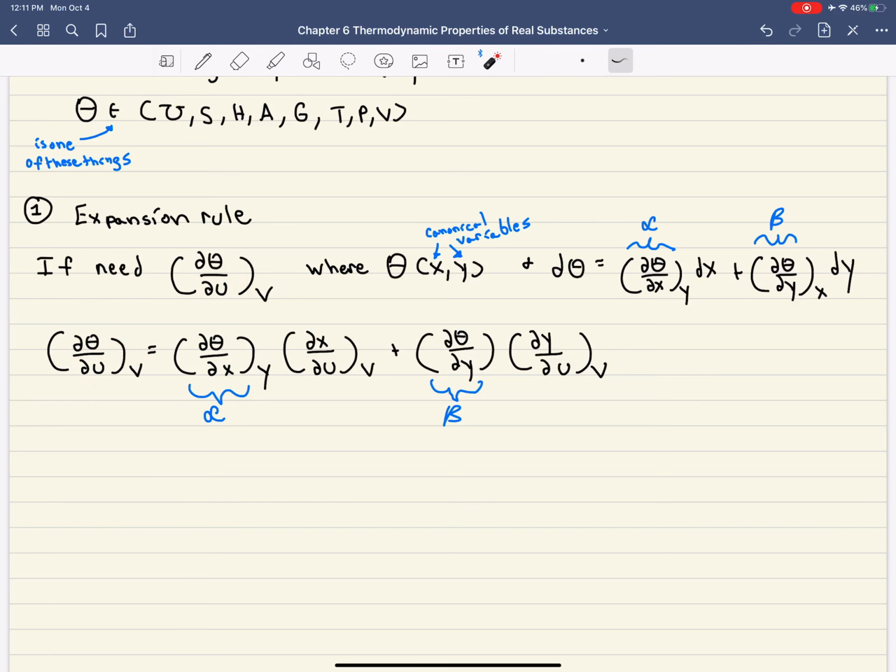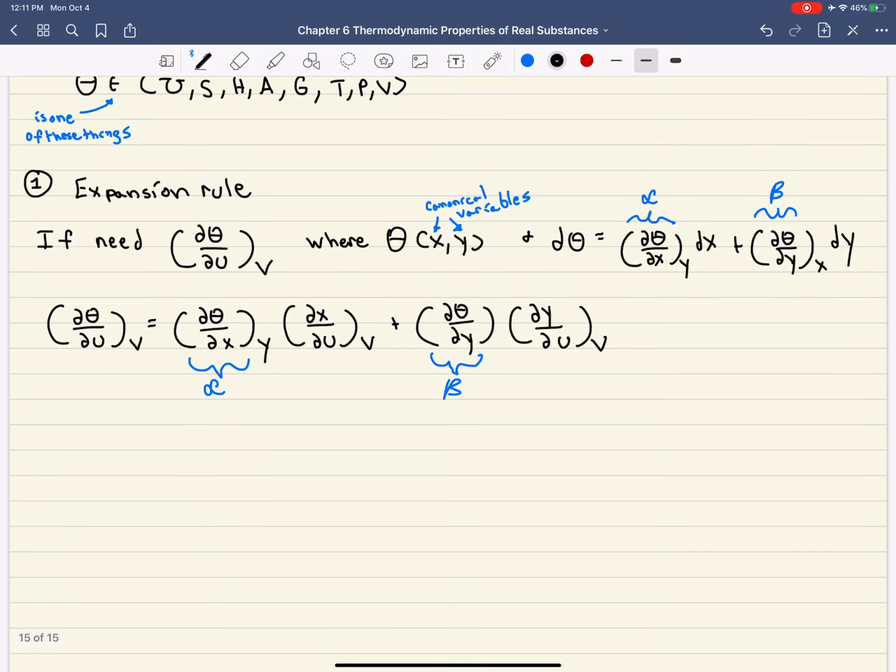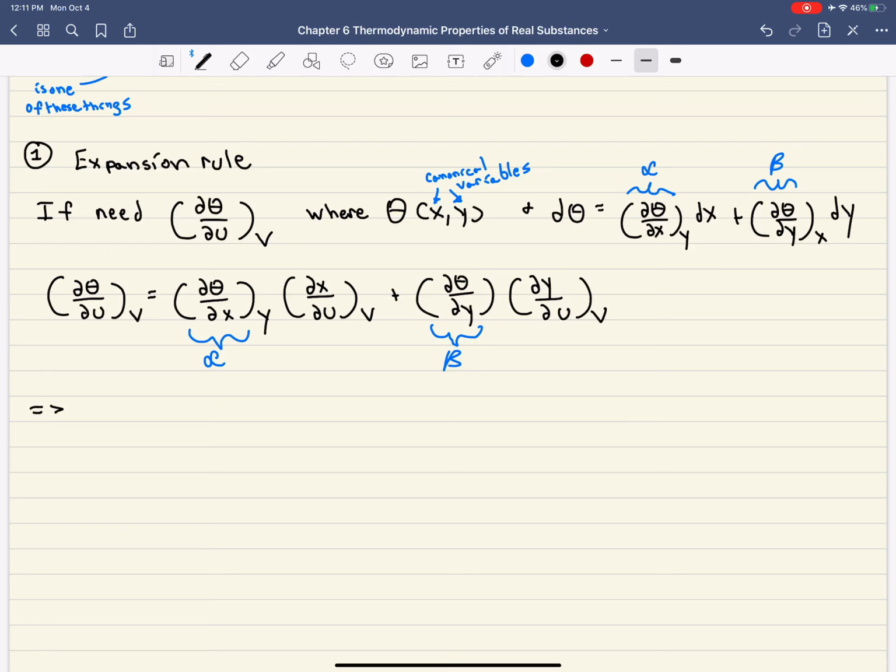In the end, our partial derivative would look like this: alpha dx du at constant v plus beta dy du at constant v. That's the general form of the expansion rule.